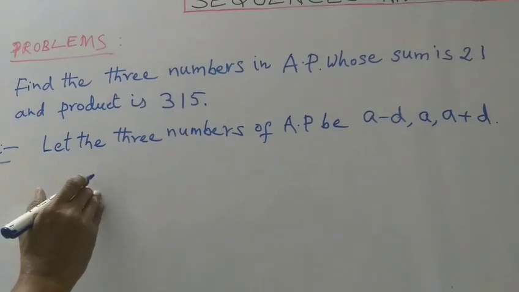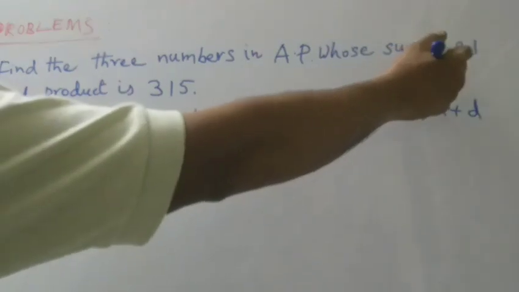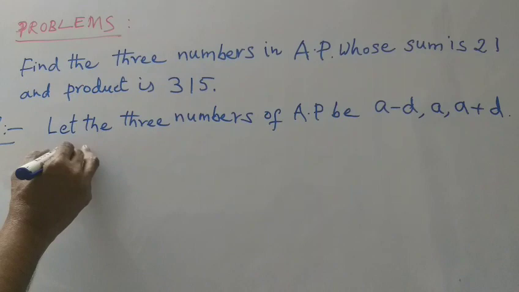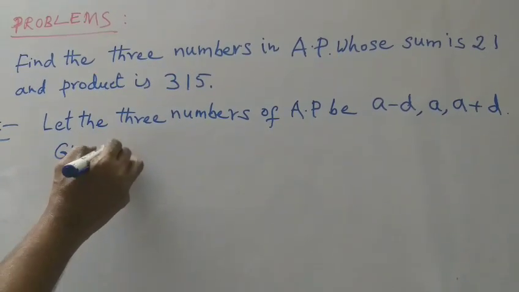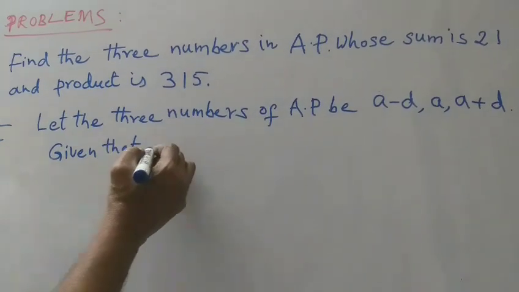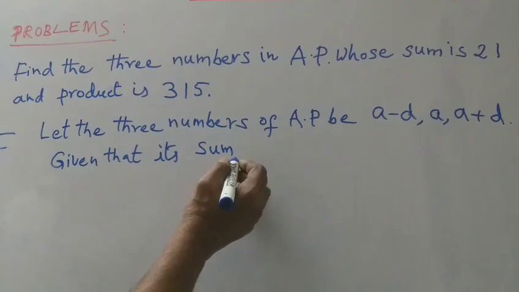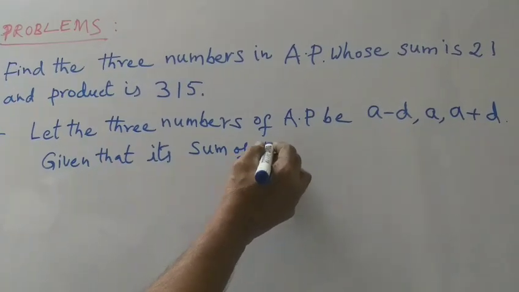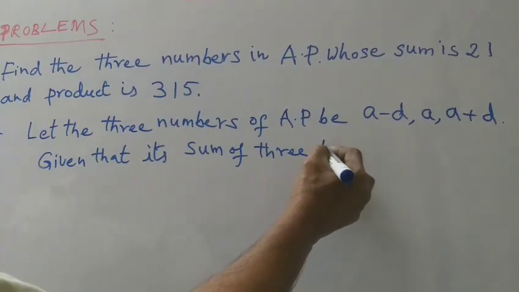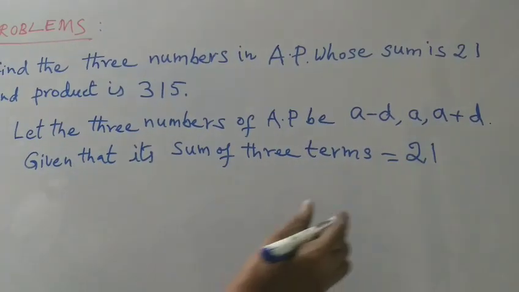According to the problem, its sum is given. Its sum is 21. Given that the sum of three terms is equal to 21.